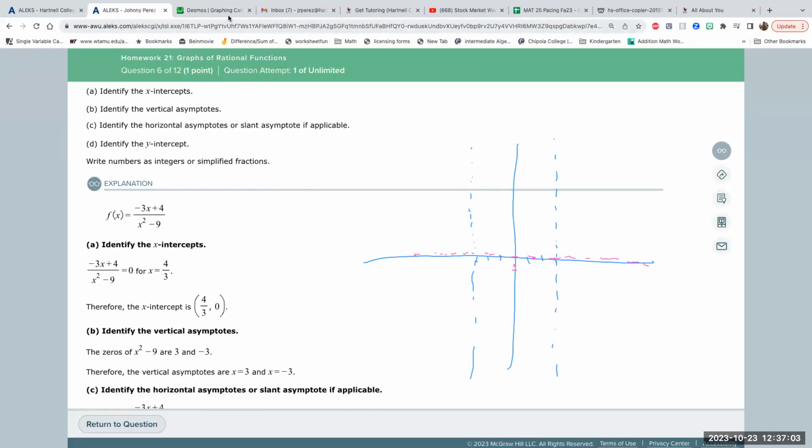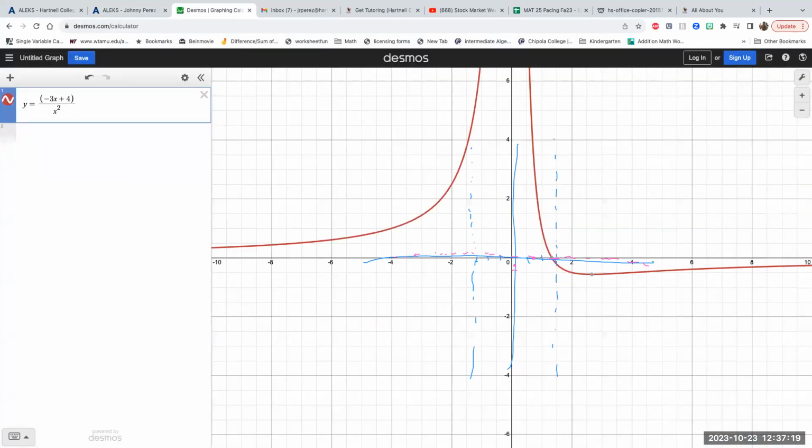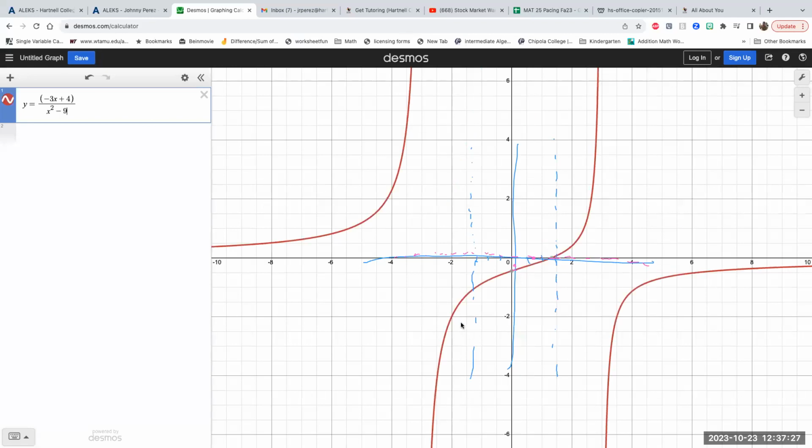Negative 3x plus 4, so we got y equals negative 3x plus 4, divided by, and then our denominator, what do we have? x squared, and then I think it was minus 9, I believe. Minus 9. So check it out.